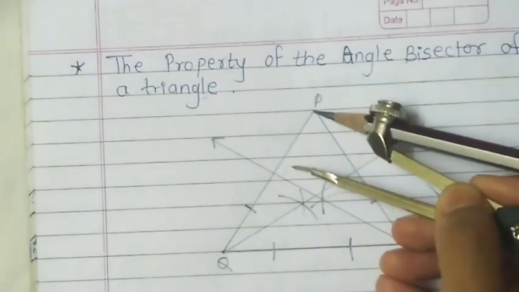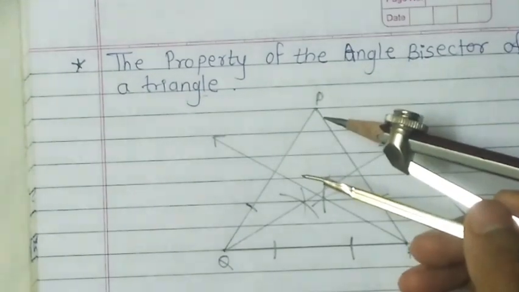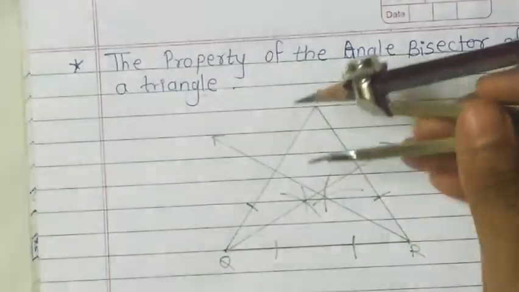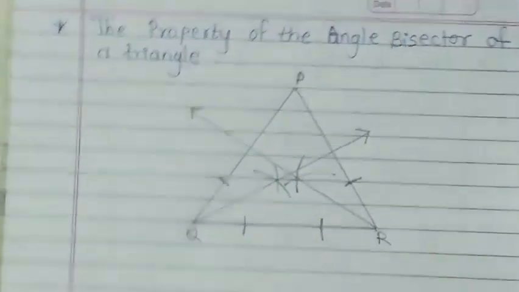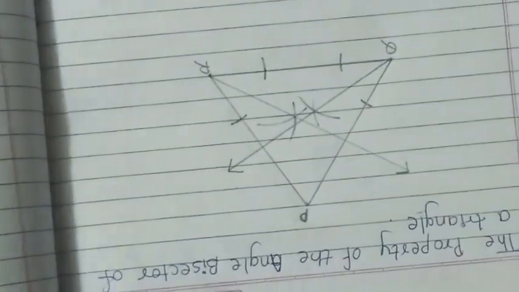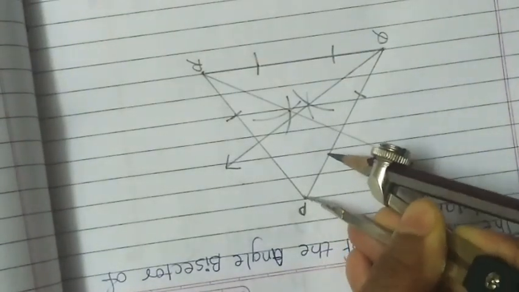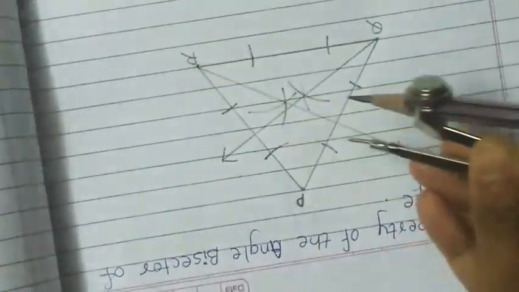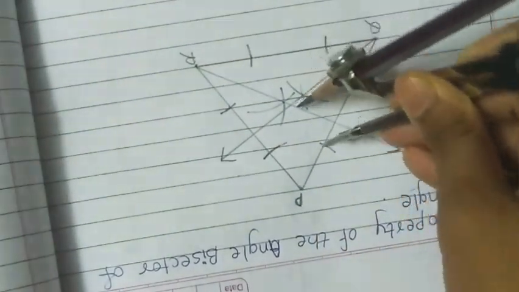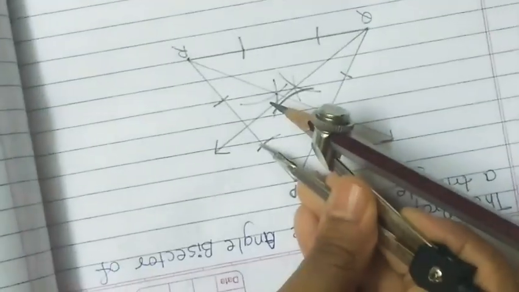Now at last we will bisect angle P. Children, if you are not comfortable to draw like this, then just turn your book like this and bisect it. Okay? Draw two arcs at first. After that, again two arcs.